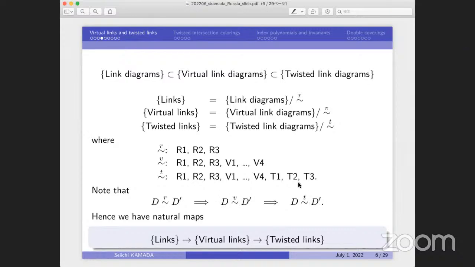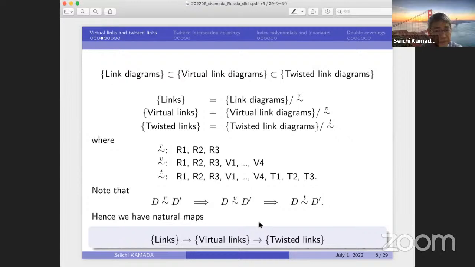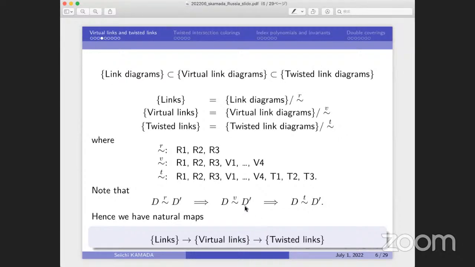We have to check formally that if two virtual knots without bars are twisted equivalent by using bars, then they are virtually equivalent.